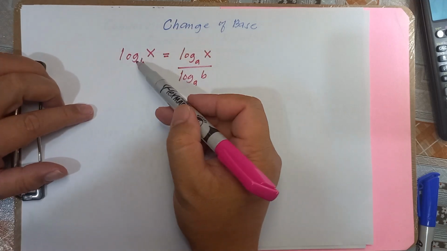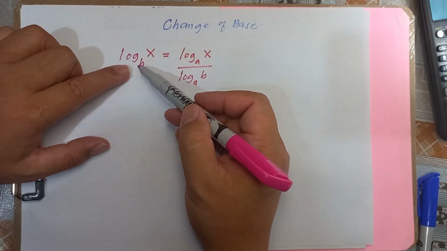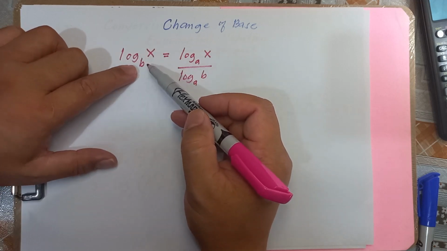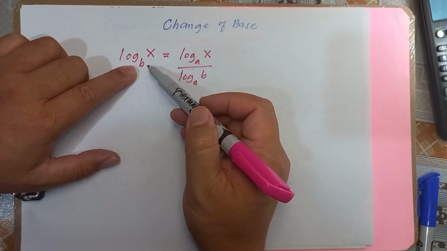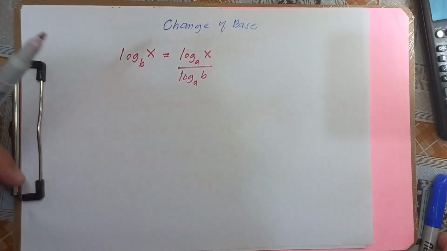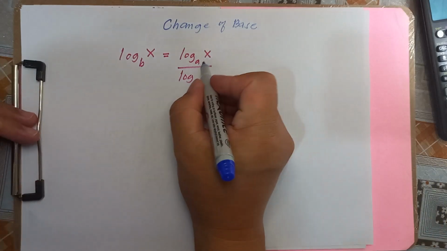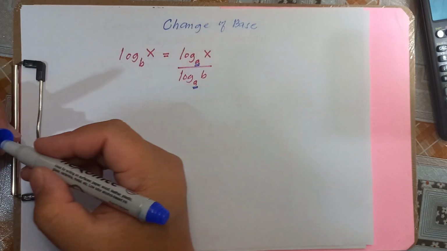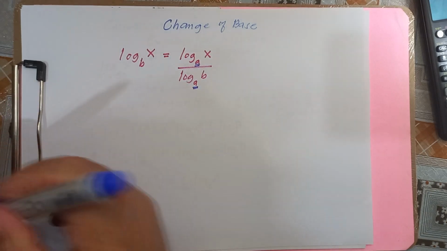Meaning, we can convert this into quotient form, and we have to see to it that the individual bases in the quotient form are the same.